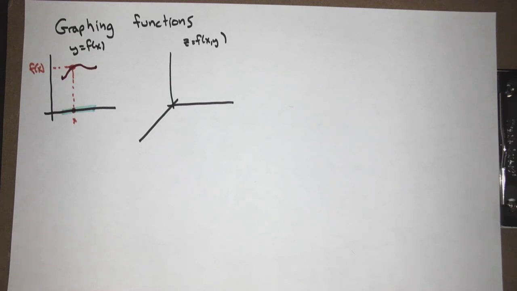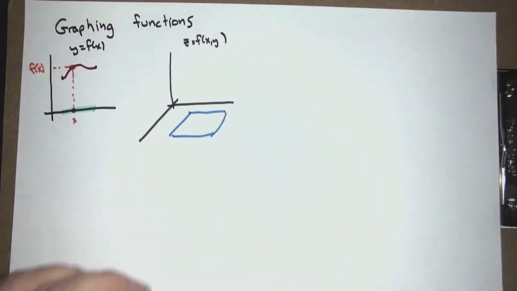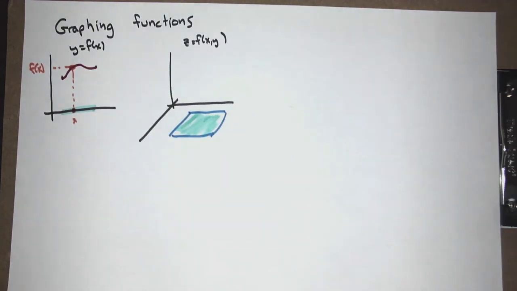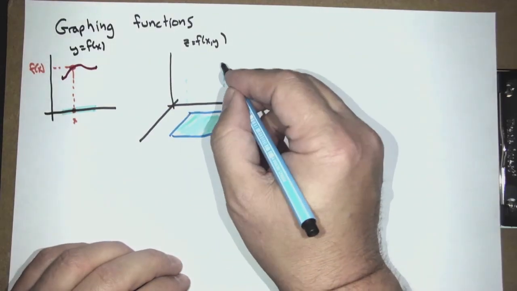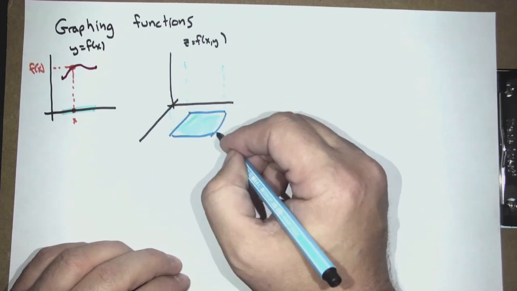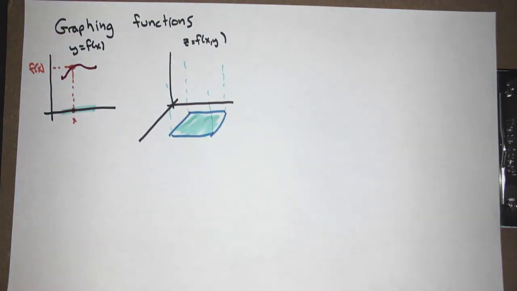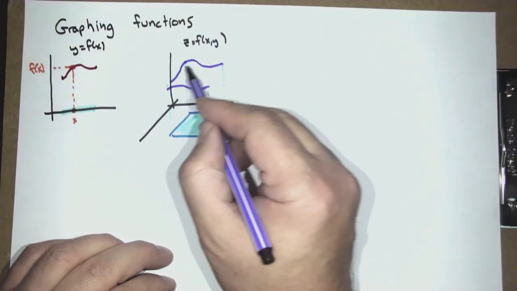Now, what do you do for z equals f of x, y? Well, same kind of ideas. You have your domain somewhere. Let's say this is our domain. Sitting above our domain, we now have a collection of points. And it might be somewhat more wavy.